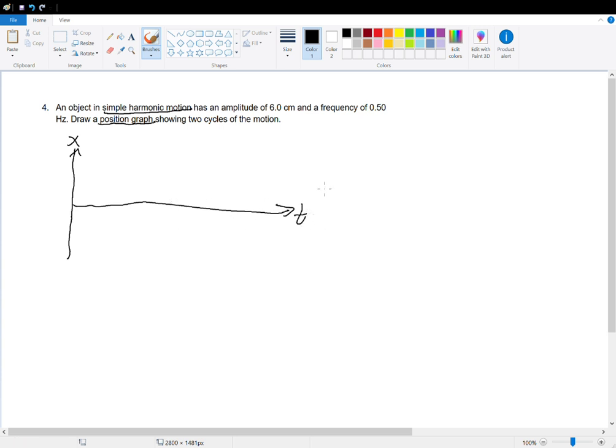And we know that we have a frequency of 0.5 hertz. So we know that our T is equal to 1 over f, which is equal to 1 over 0.5, which means that the period is 2 seconds. So this graph should make one full cycle every 2 seconds.